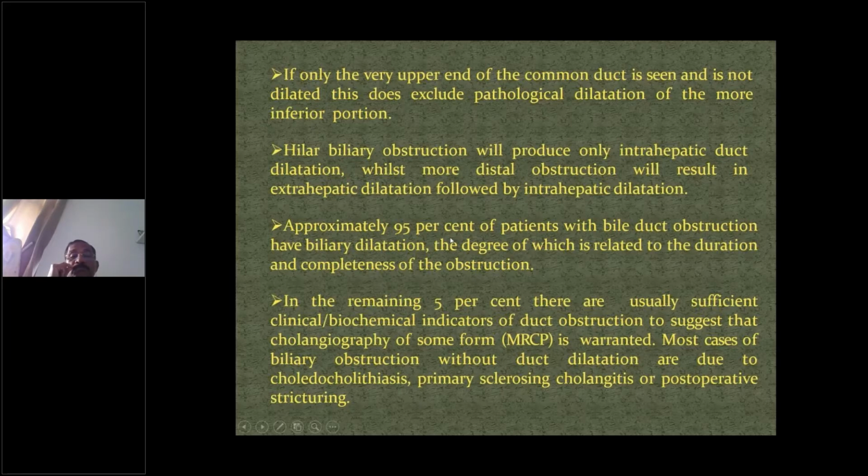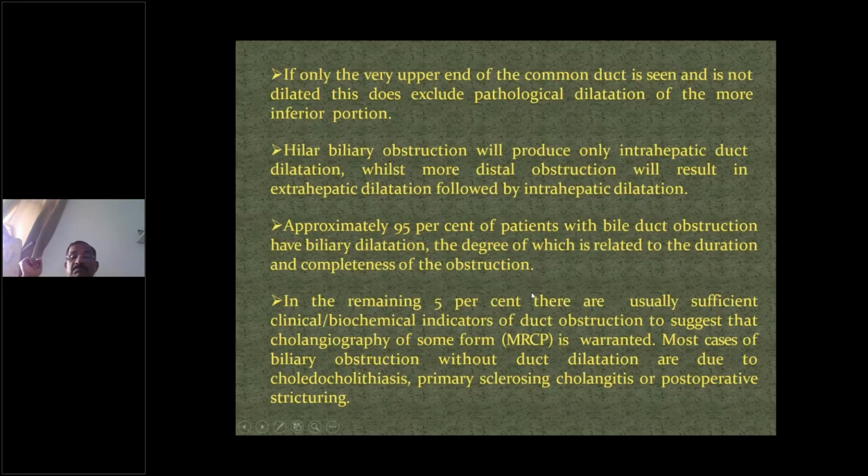So, approximately 95% of the patients with bile duct obstruction will have biliary dilatation, and the degree of which is related to the duration and whether the obstruction is complete or incomplete. In 5%, there are clinical and biochemical indicators to suggest duct obstruction, but the ultrasound is showing no dilatation.